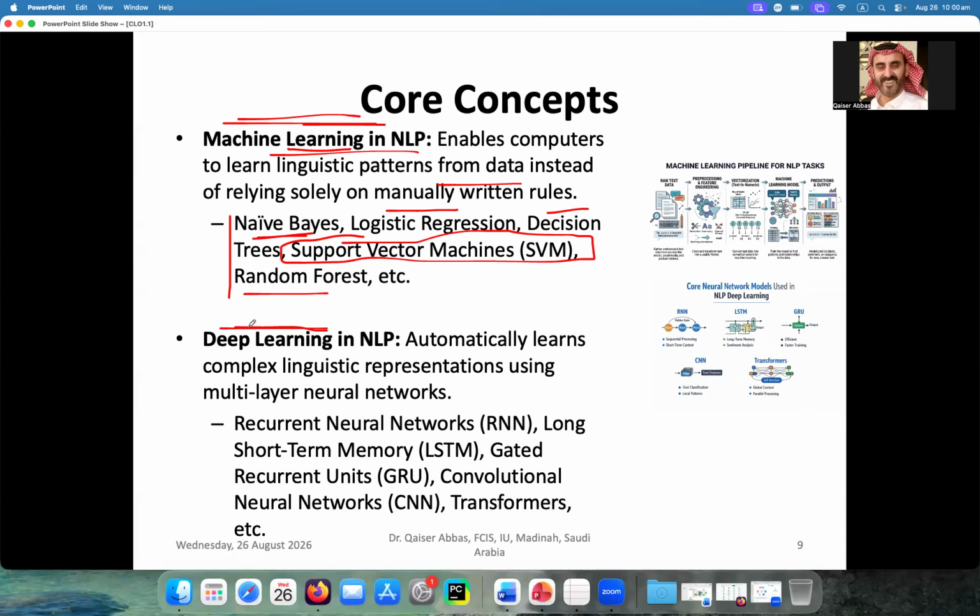And deep learning is only about different models, different versions of neural networks in which you are using hidden layers.